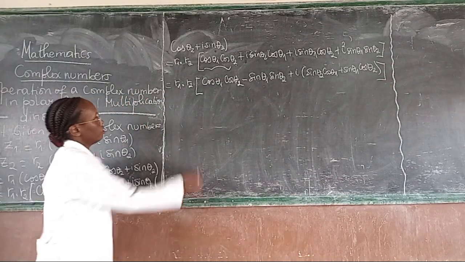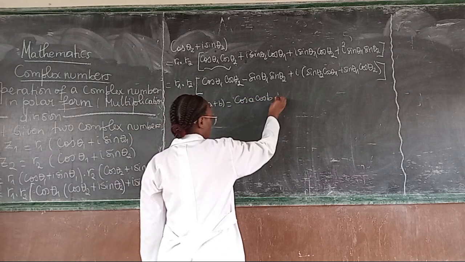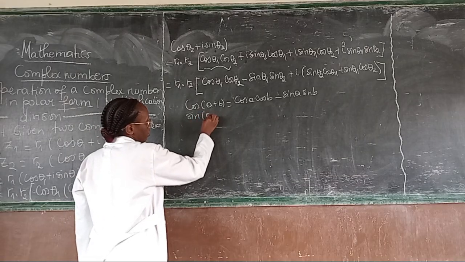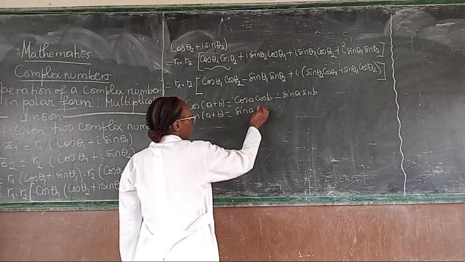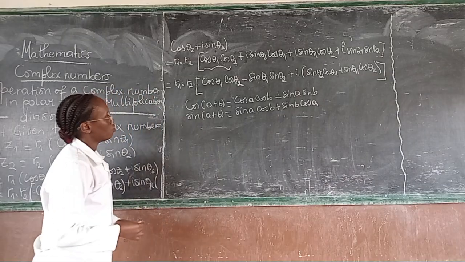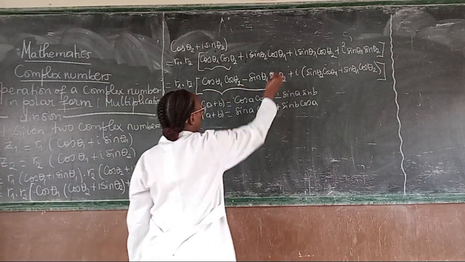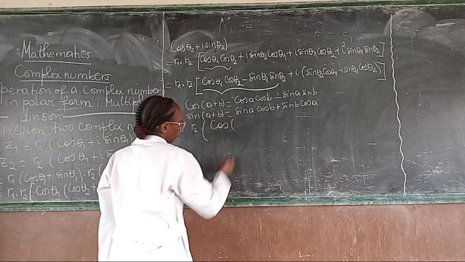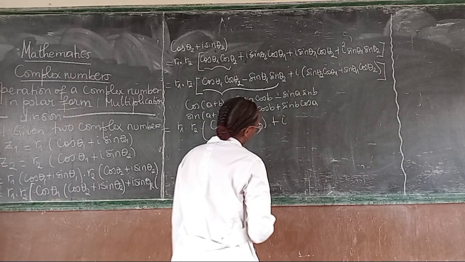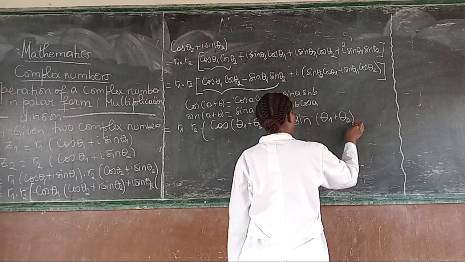So we know that cosine of (A plus B) is equal to cosine A cosine B minus sin A sin B, while sin of (A plus B) is equal to sin A cosine B plus sin B cosine A. So using those two facts from above, we have modulus 1 times modulus 2 times (cosine of (theta 1 plus theta 2) plus I sine of (theta 1 plus theta 2)).